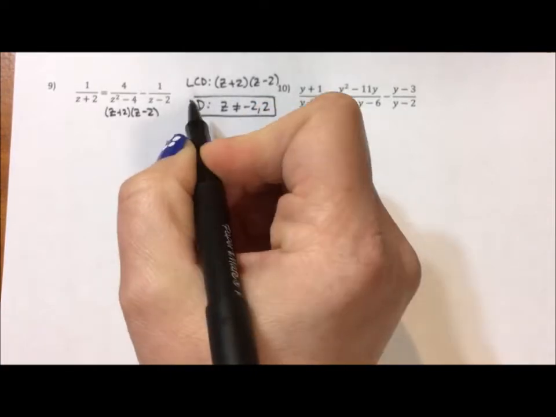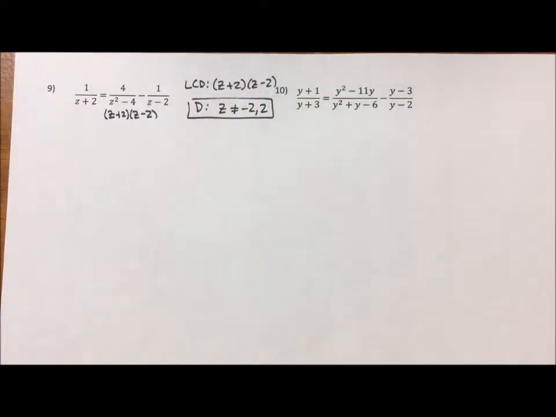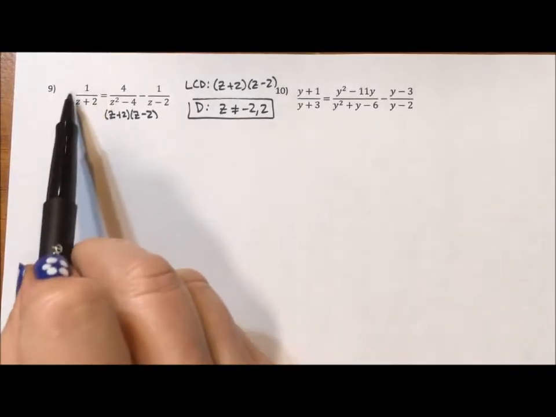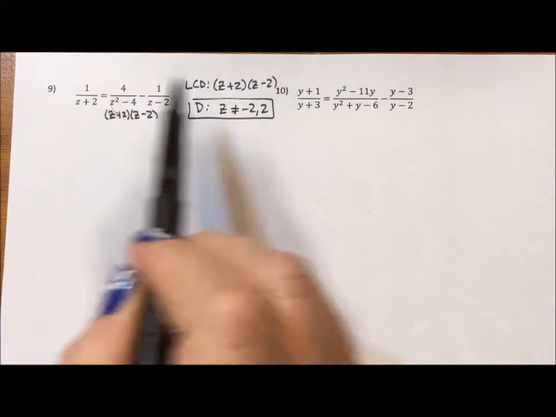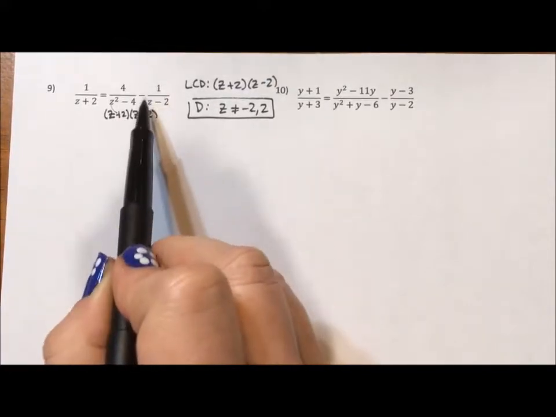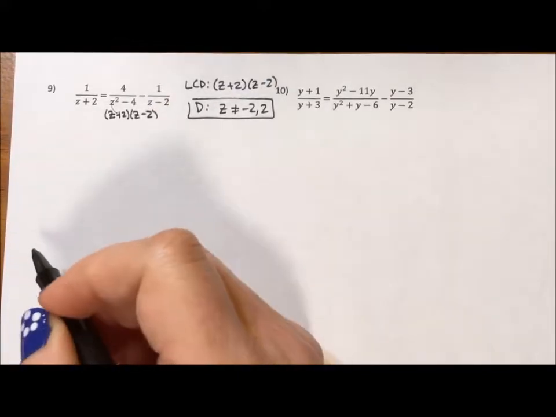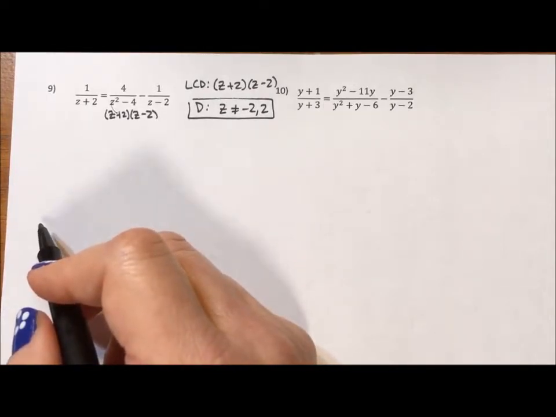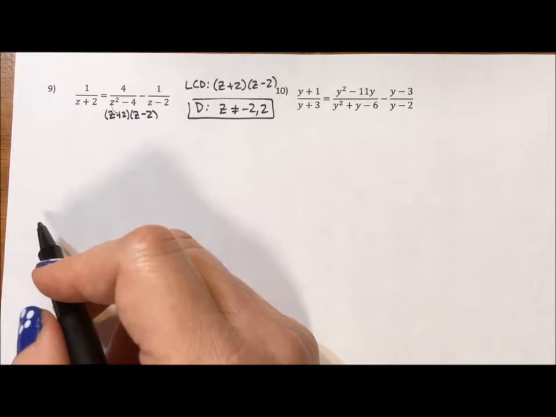My domain is telling me my restrictions for my final solution. If I end up with a negative 2, I get a 0 on this fraction and this one. If my answer is 2, I end up with a 0 in the denominator here and here, and those are undefined. So when you have a variable in the denominator, not all solutions are allowed.